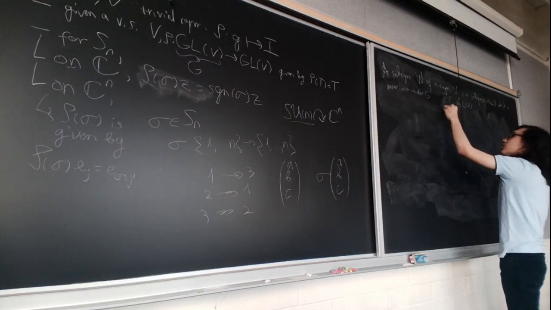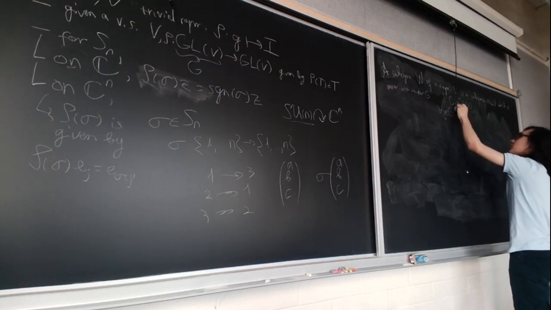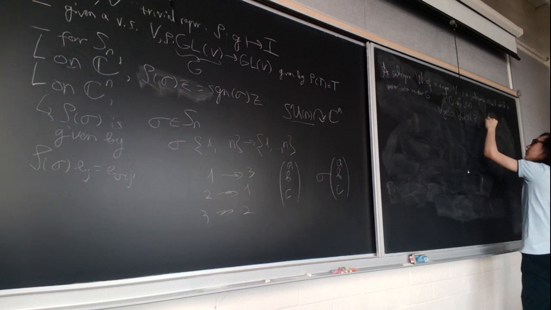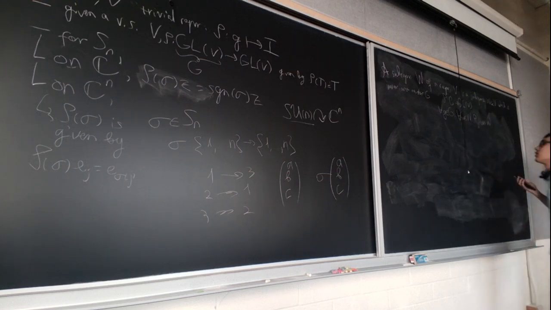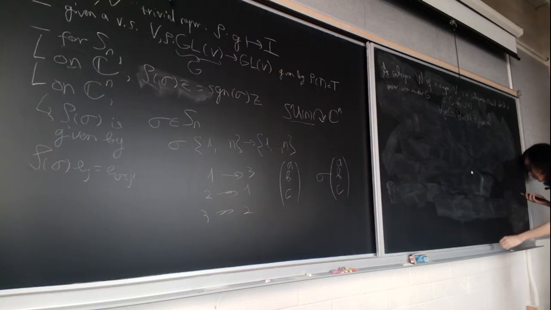This means that for any element g of G and any element w of the subspace, we have that rho of g of w is again in W. So it's just that W is invariant under rho of g for any g. That's essentially what it means to be invariant under G.